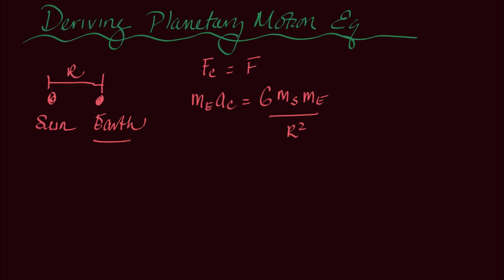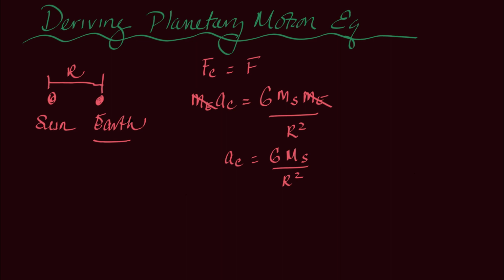Now we could simplify. The mass of the Earth cancels out. So A equals the gravitational constant times mass of the Sun over r squared.